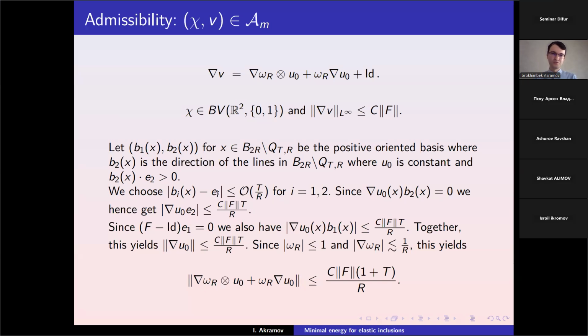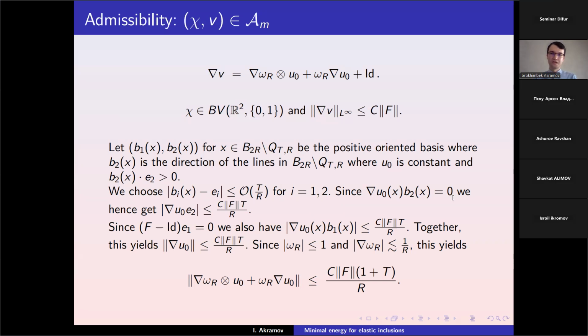We also choose that b_i x minus e_i is smaller than capital O of t over r for i equals 1 and 2.